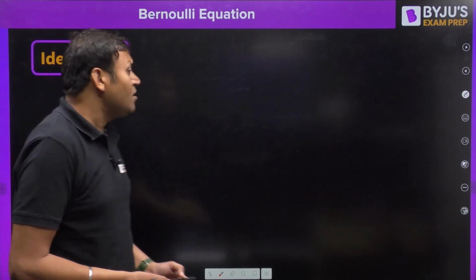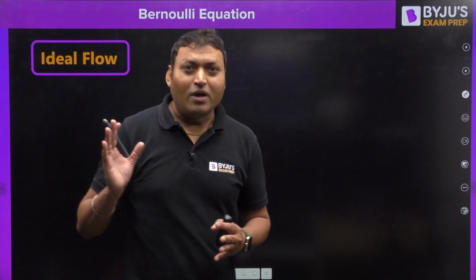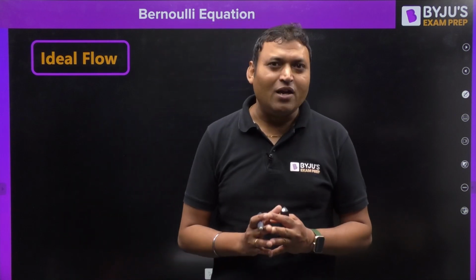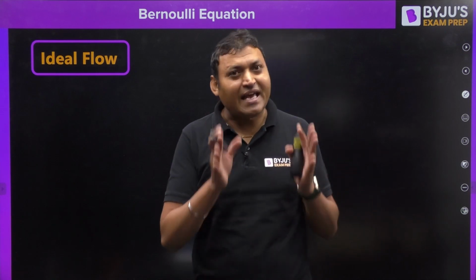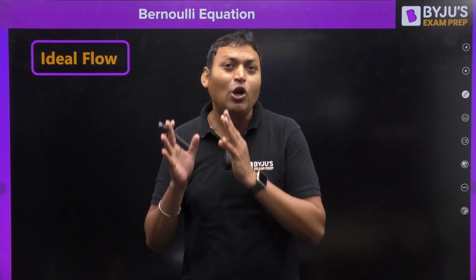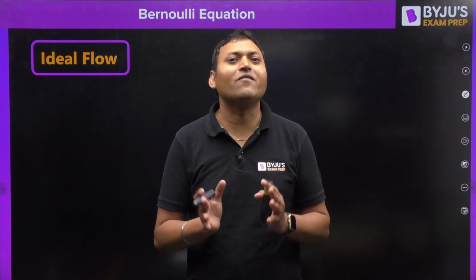So how to apply this equation in case of numericals? If the flow is assumed to be ideal, when all the given assumptions are taken care of, then we can say there are no losses during the flow. There is no energy loss in the flow direction.